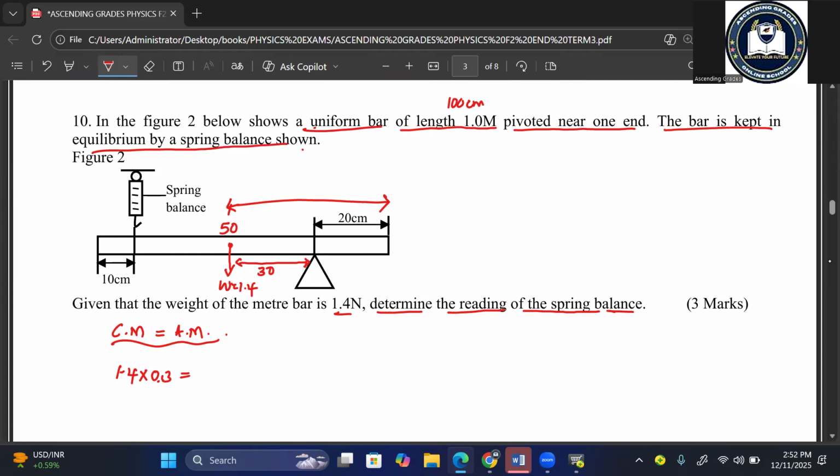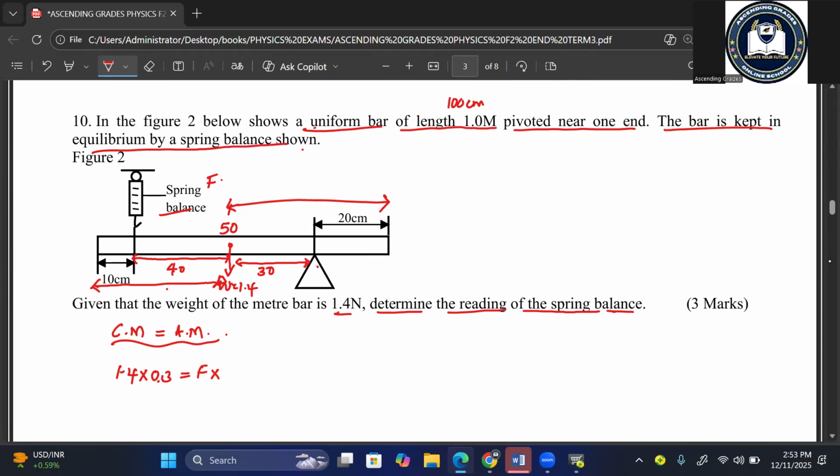is equal to a force of F, that is the reading of the spring balance, times the perpendicular distance from the pivot. So still from here up to this one, we have 50, meaning that from the spring up to where we have the midpoint, we have 40.